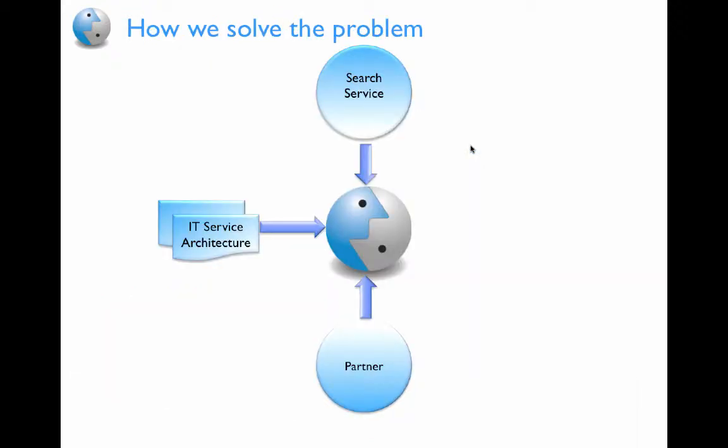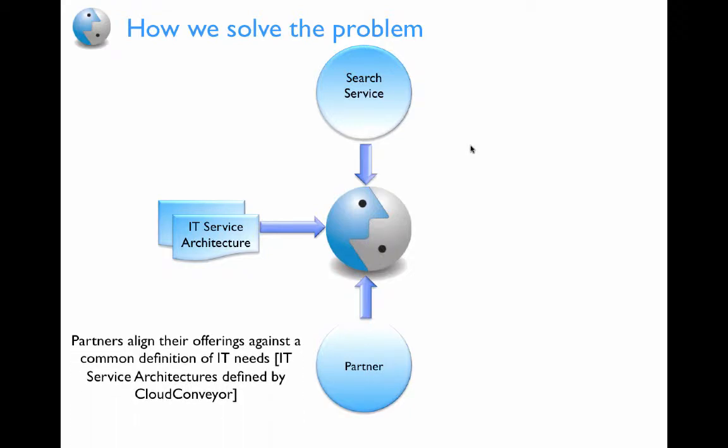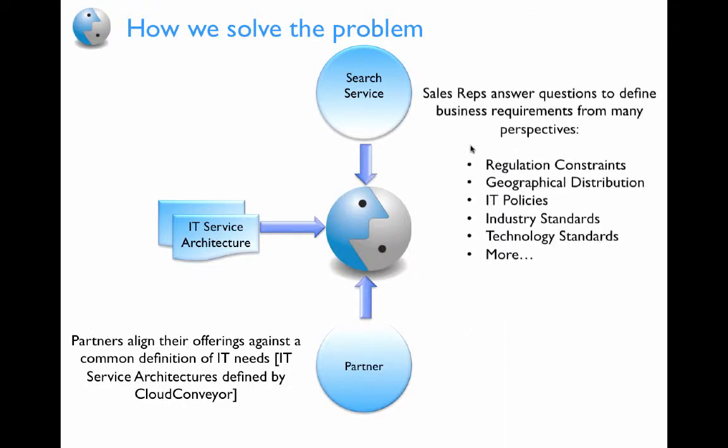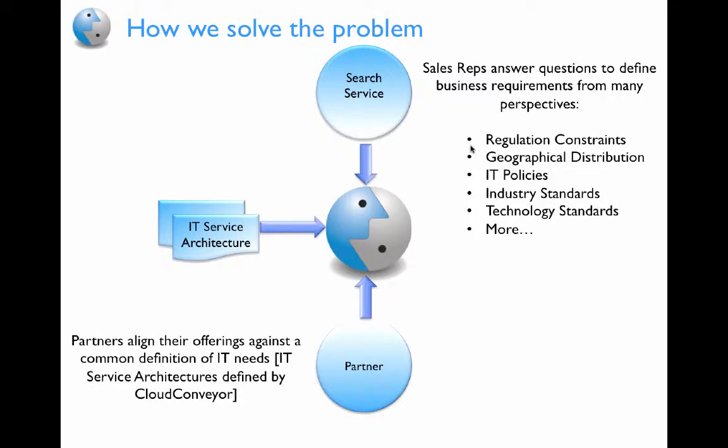So the decision engine is configured with an IT service architecture that is a definition of IT requirements. And the partners will align their offers against those IT requirements. The decision engine will ask the buyer what their requirements are from a service perspective.